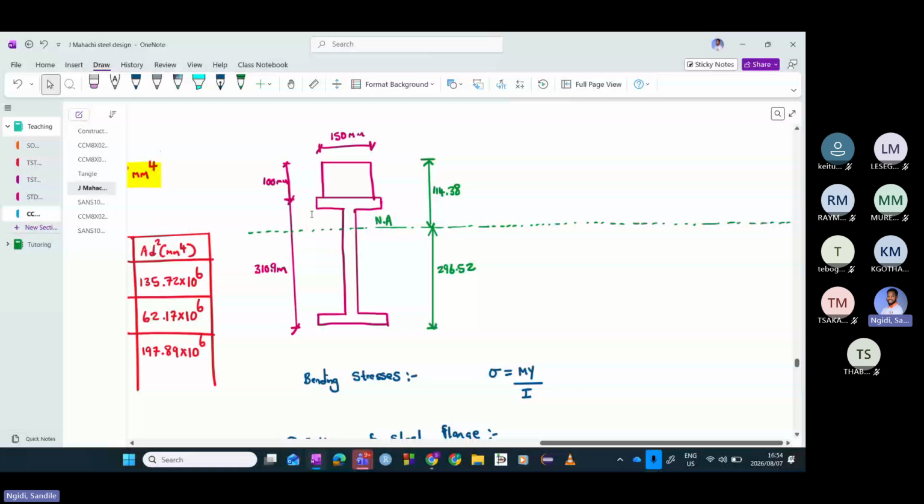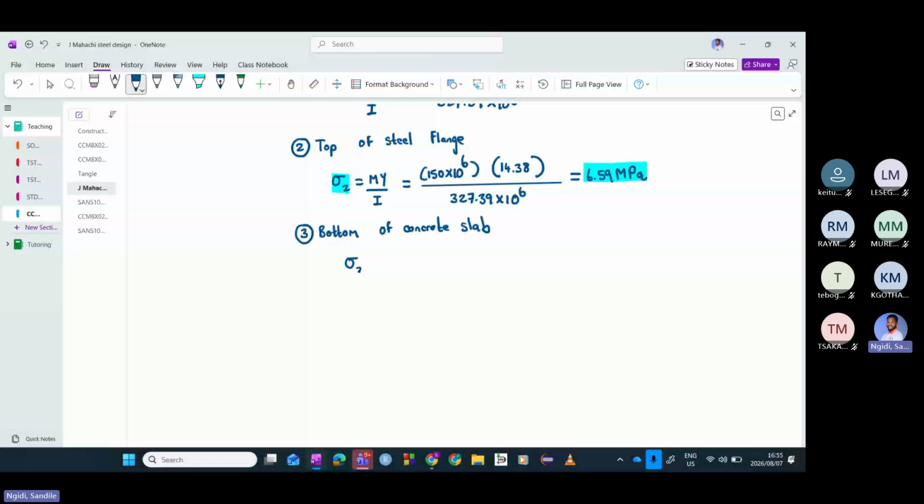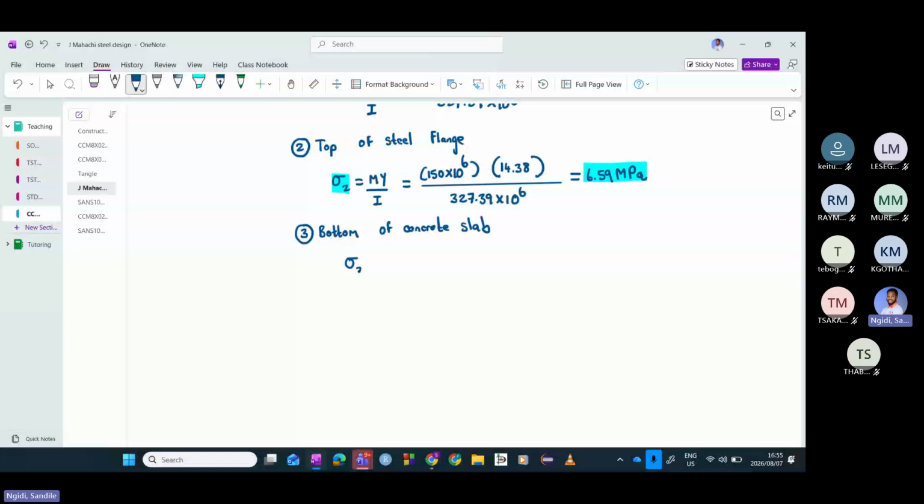Sigma number 3 is equal to My over I. Again, M is going to be the same, which is 150 times 10 to the power of 6. And then you divide this by I, which is going to remain the same, 327.39 times 10 to the power of 6.